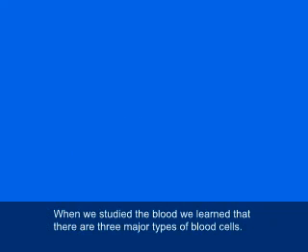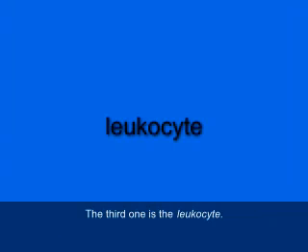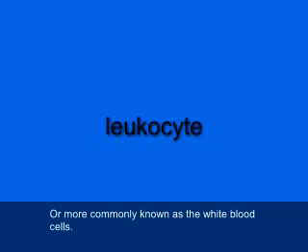When we studied the blood, we learned that there are three major types of blood cells: the erythrocytes, the thrombocytes, and do you remember the third one? The third one is the leukocyte, or more commonly known as the white blood cells.